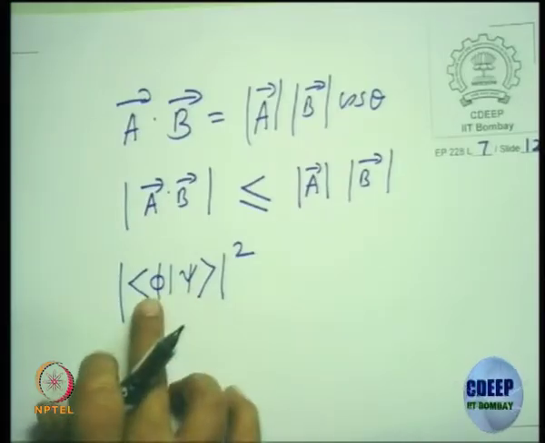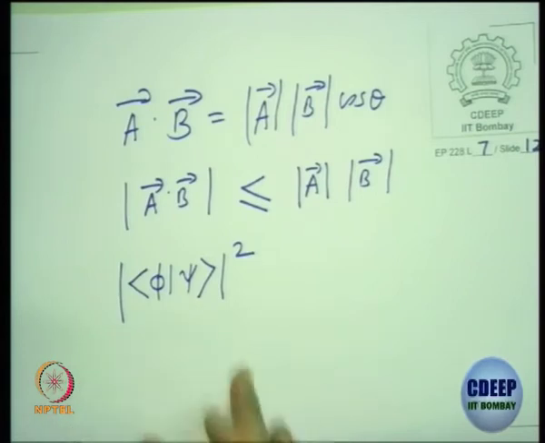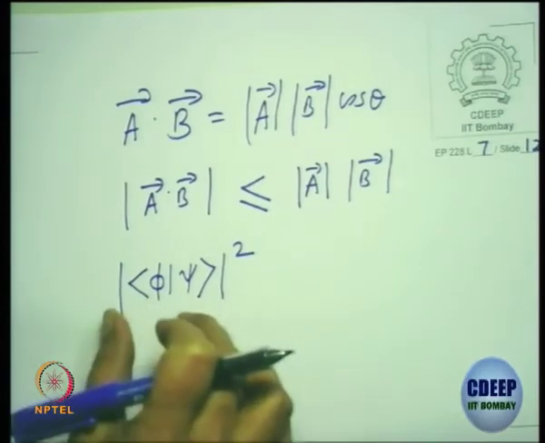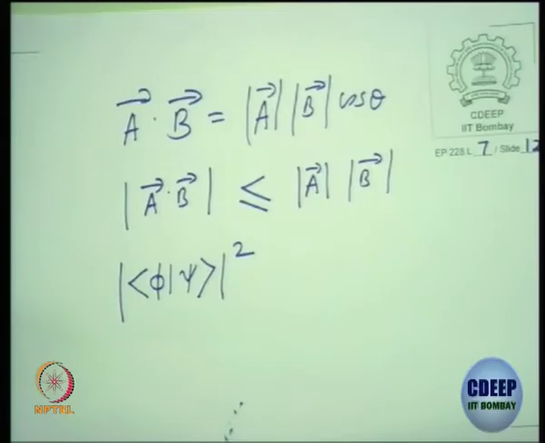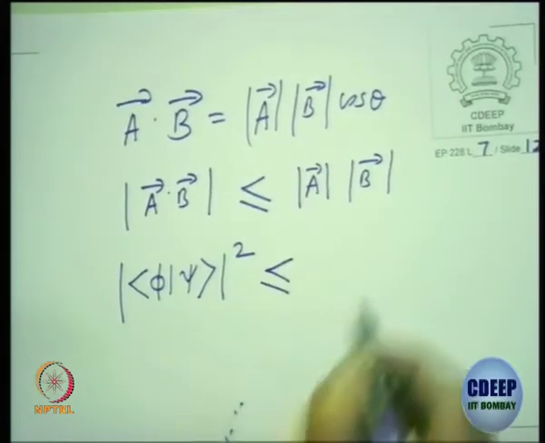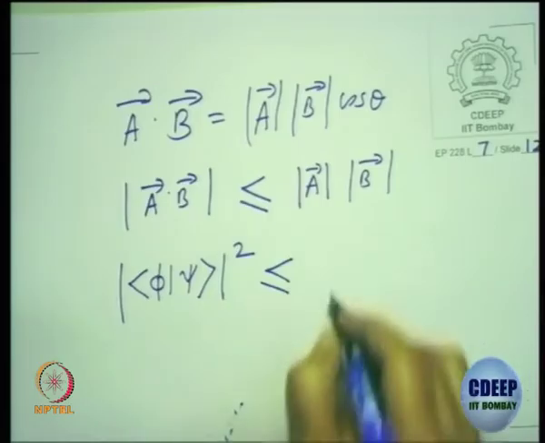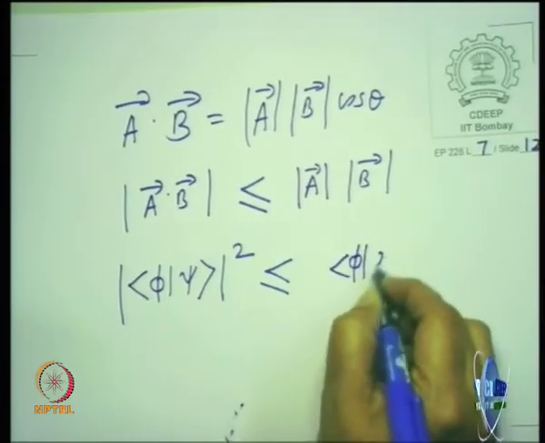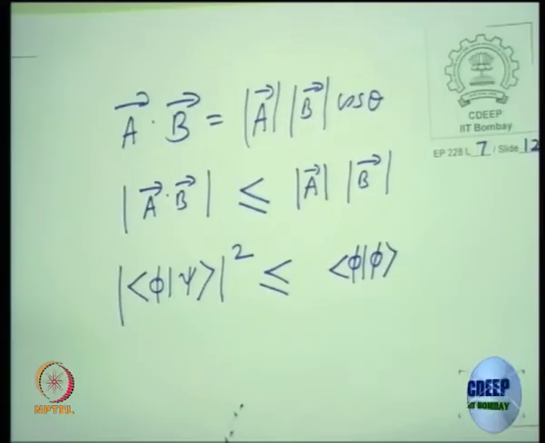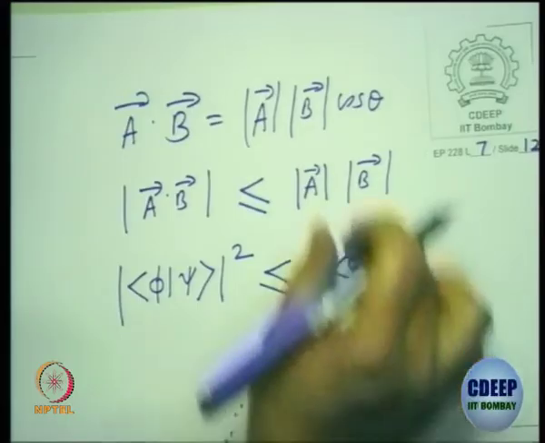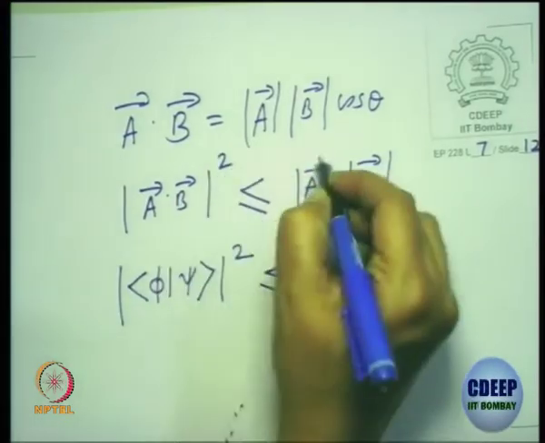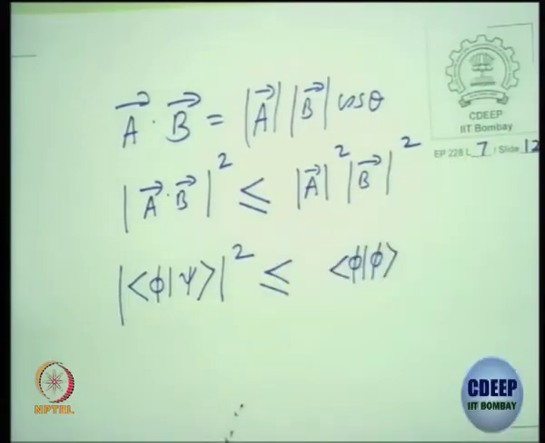The phi psi inner product is psi phi star, but mod squared of psi phi is the same, and this will be less than or equal to phi phi, which is the mod squared of it. So I am just squaring both sides, okay, that's what I am doing.